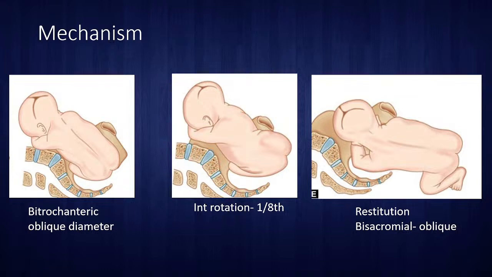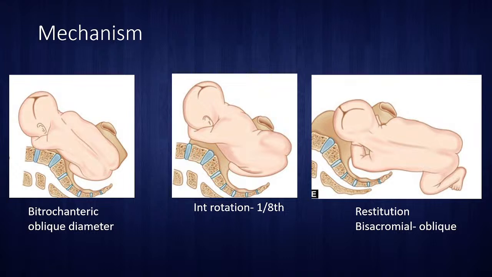Oblique plane means if this is the pelvis, the bitrochanteric is in this plane. So, it rotates 1/8 of the cycle, that is 45 degrees, to come into the anterior posterior plane. Whenever it is in the anterior posterior plane, in that position only the fetal part usually delivers out of the outlet.